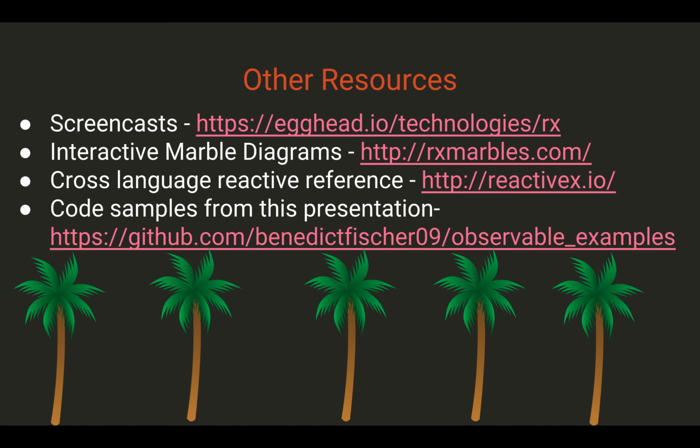There's a website called rxmarbles.com where, unlike the little ASCII art marble diagrams, they've created very sophisticated diagrams where you can drag the values around and see how the output of combining different things would change. And for a cross-language reference on observables, check out reactivex.io. And then the code samples from this presentation are on my GitHub at Benedict Fischer, observable examples.